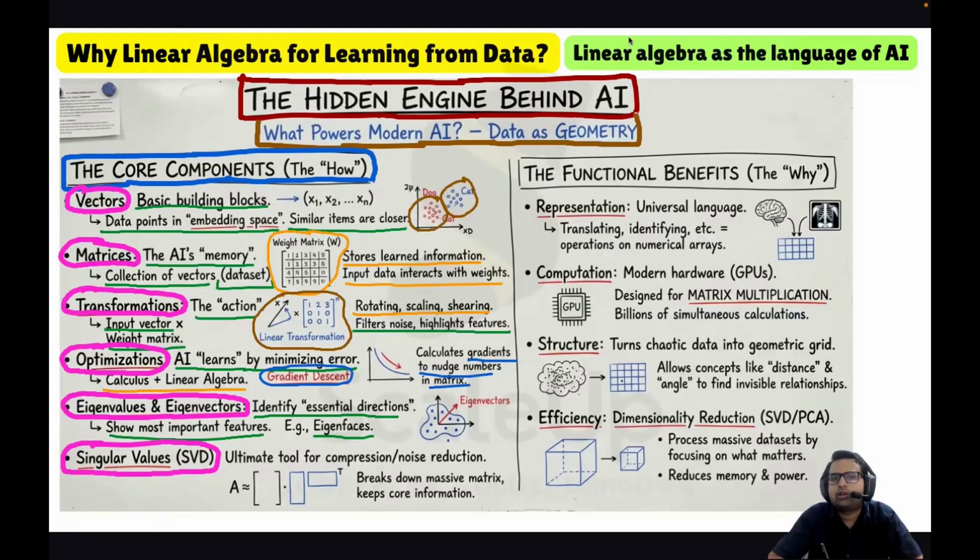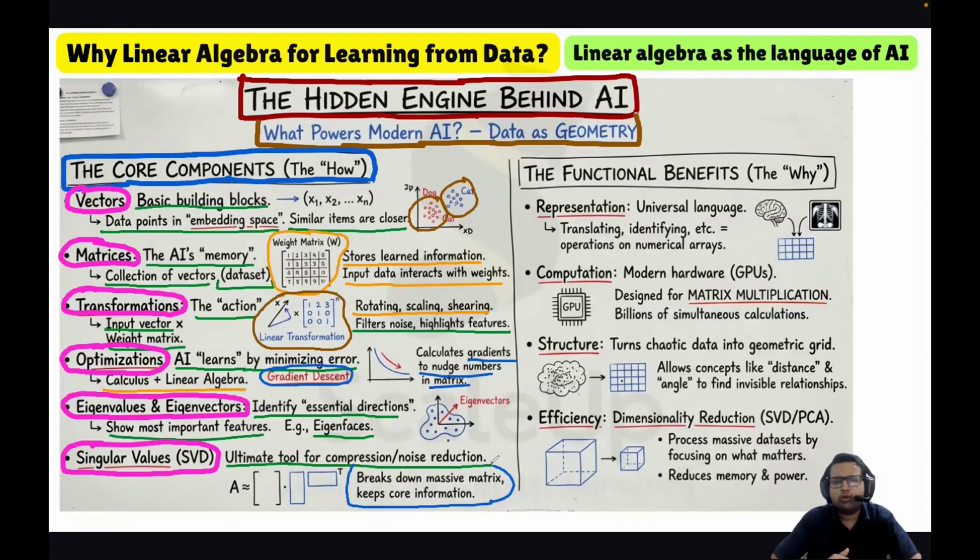Singular value decomposition allows a system to take a messy matrix and break it down into its most important parts, discarding the junk data without losing the core information.